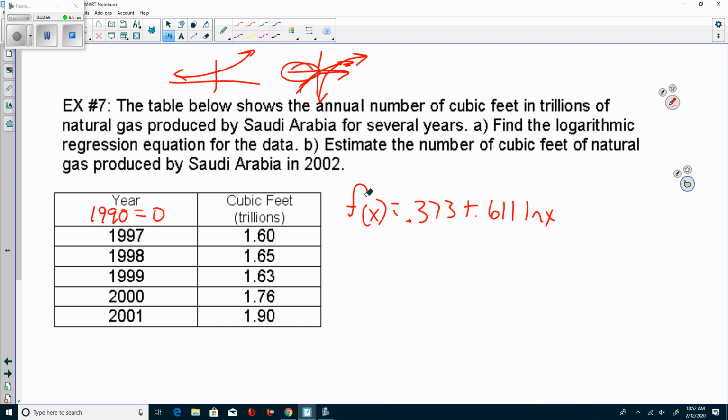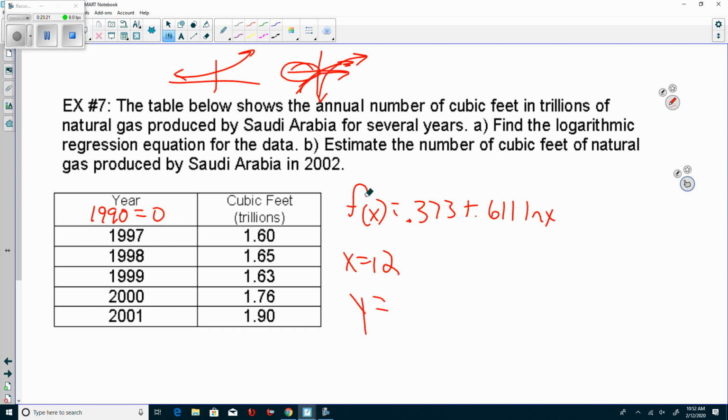Now estimate the number of cubic feet of natural gas produced by Saudi Arabia in 2002. So what would my x value be? 12. Okay, x would be 12. And then find your output.